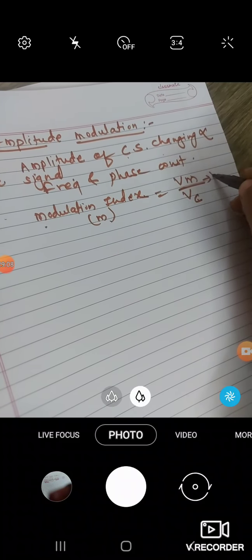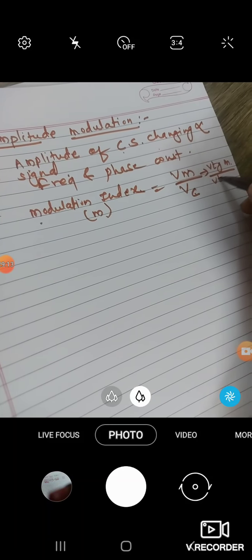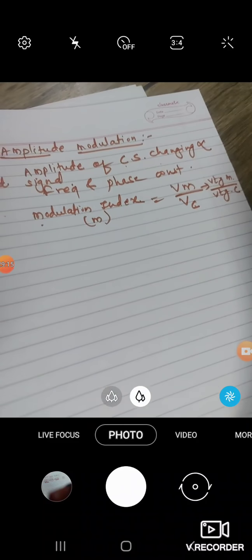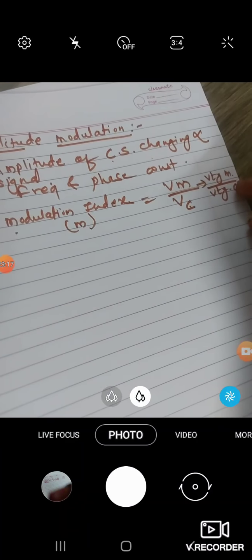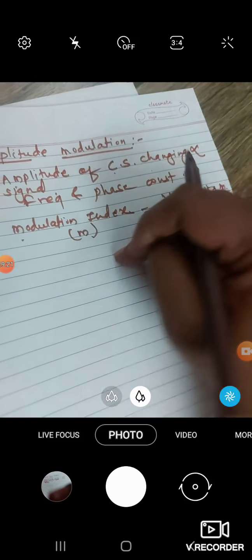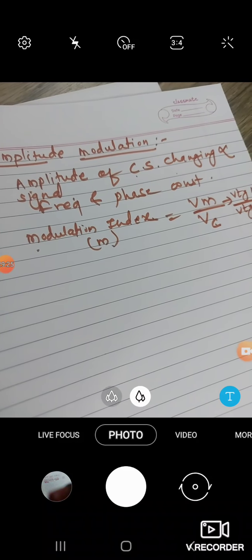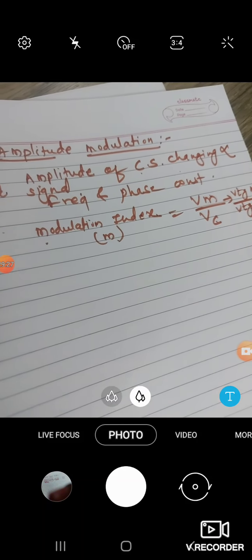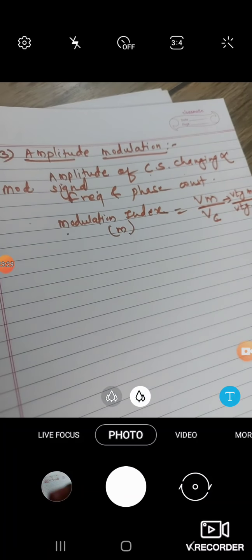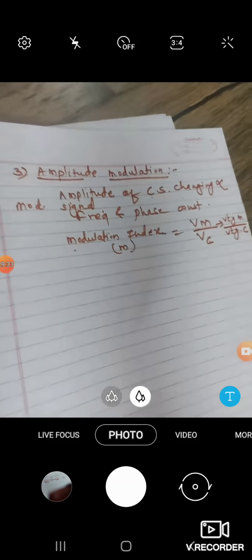Vm is the voltage of the modulating signal, and Vc is the voltage of the carrier signal. मग Vm आणि Vc चा जो रेशो आहे, that is defining the value of modulation index in case of amplitude modulation. So based on the value of this modulation index, there are three conditions in amplitude modulation.